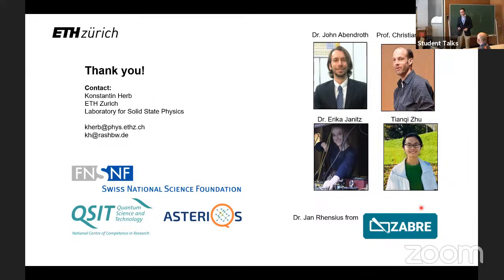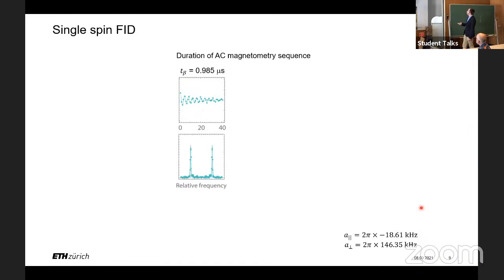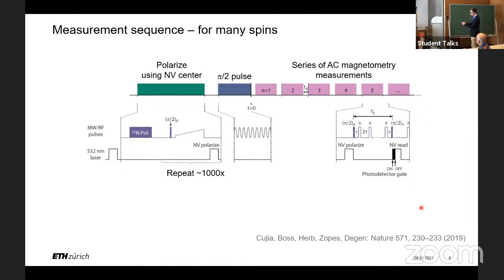Yes, that's true. But in the end, if you go to the weak measurement protocol, your frequency resolution is not determined by the length of that weak measurement block. It is rather determined by the total number of weak measurement blocks you apply, because this is essentially like a classical sampling of the signal, and the total sampling time is what defines the resolution that you achieve in the spectrum.